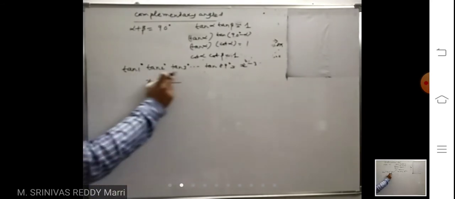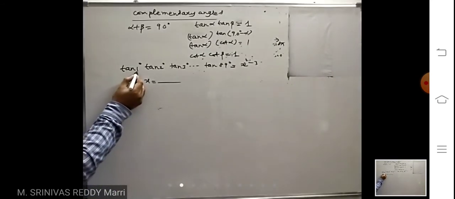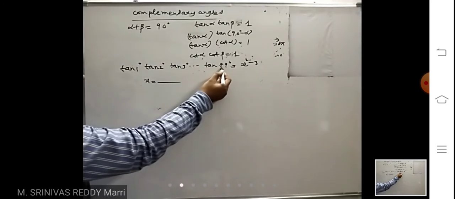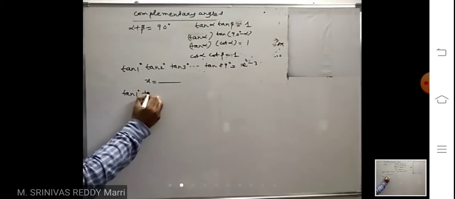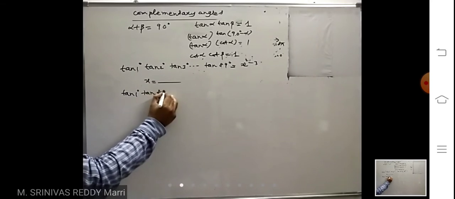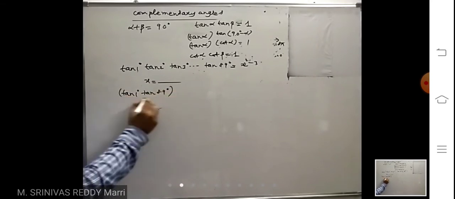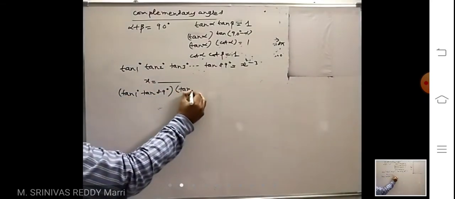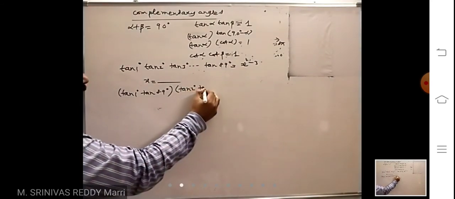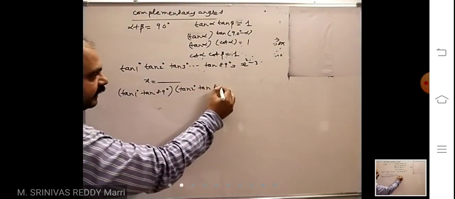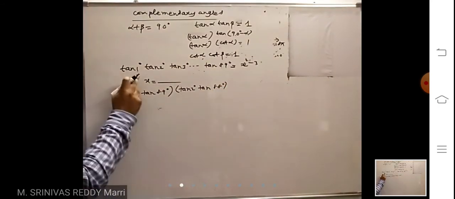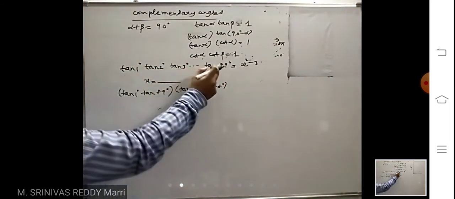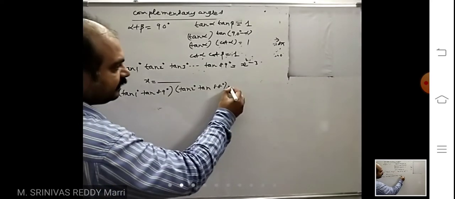Look at, 89 terms are there. Now look at this one and last one. That is what, complementary. Both angles are complementary. Now second and before one, 88 degree. So these are like that. So totally 89 terms are there.